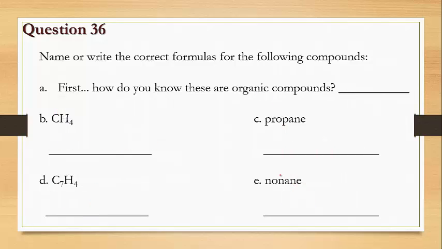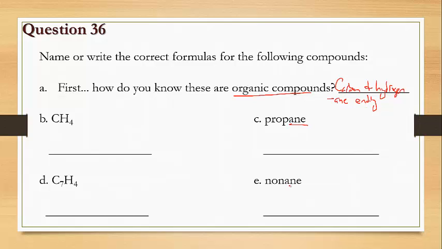All right, 36. On these ones, we're doing organic compounds. Organics are those hydrocarbons, and they contain only carbon and hydrogen. So if you're seeing just those 2 elements alone in the formulas, then we know that we're dealing with organics. If it's the name of the substance, then what we're looking for is that ANE ending.